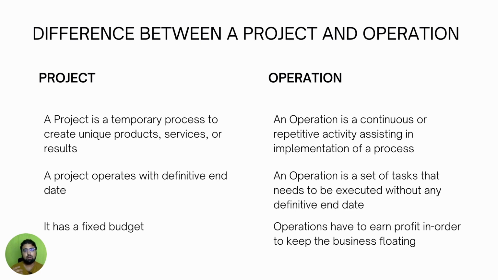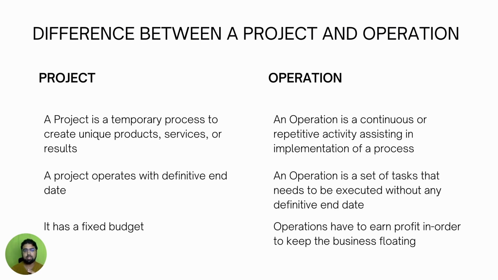Now, if you want to talk about who is a project manager and how does he differ from an operational manager? A project manager keeps moving between projects, which means his role has a definite end date, at least in that project. And then he moves on to a different project once this project serves its purpose.